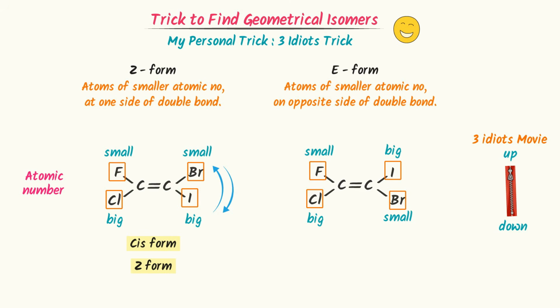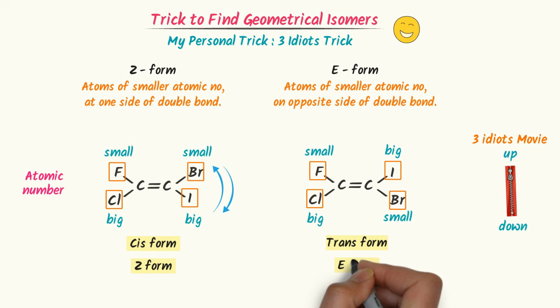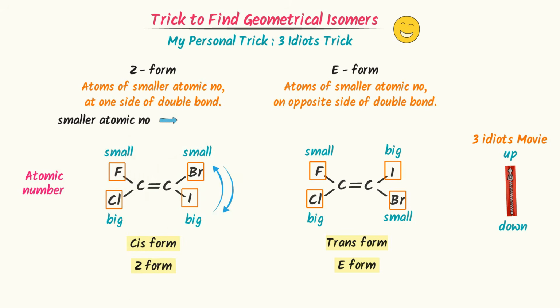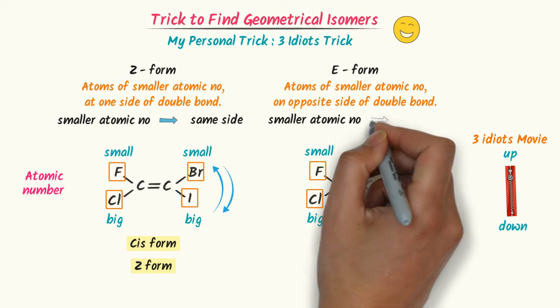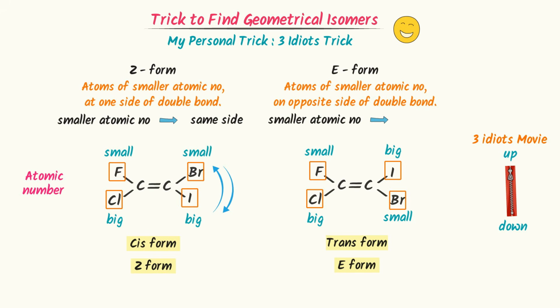Secondly, we also know that this is the trans form. Simply remember that if atoms of smaller atomic numbers are present on one side of the double bond, it is the Z form. If smaller atomic number atoms are present on opposite sides, it is the E form.